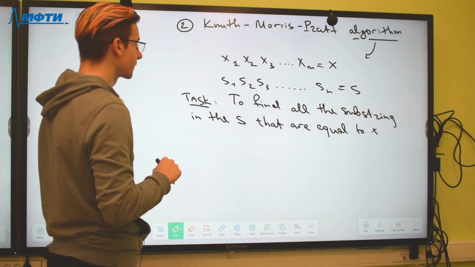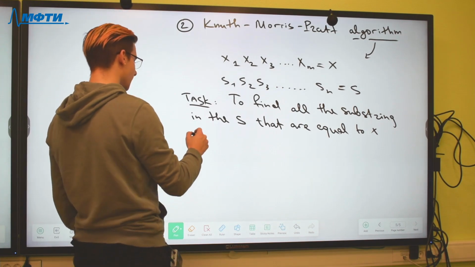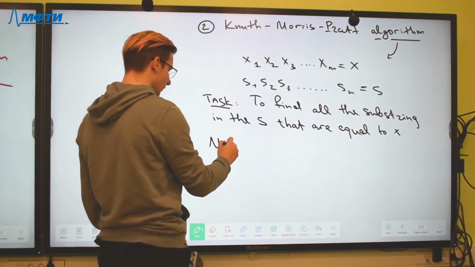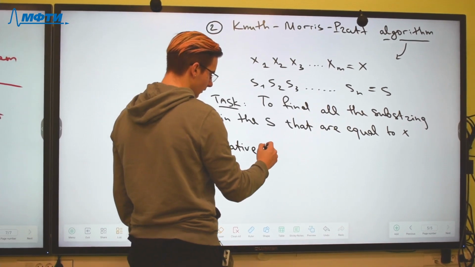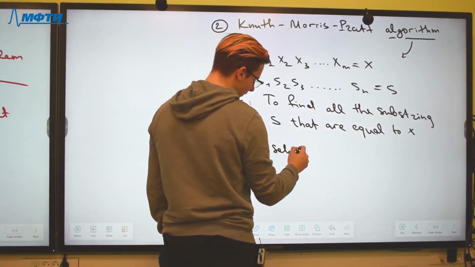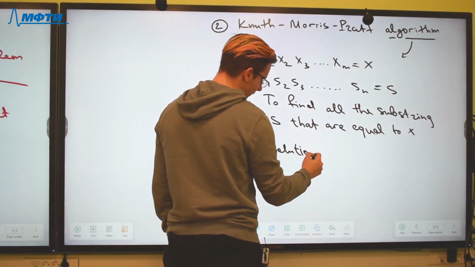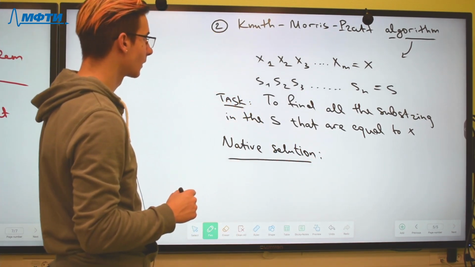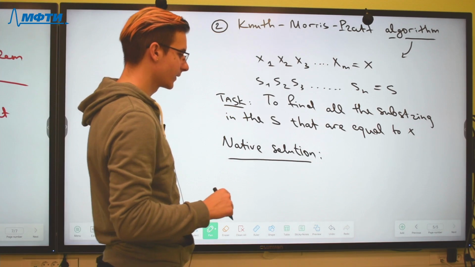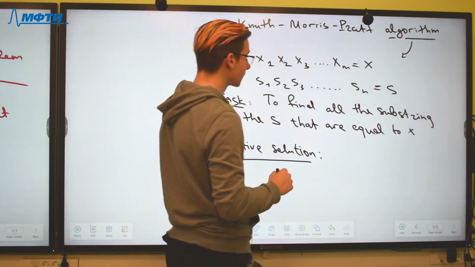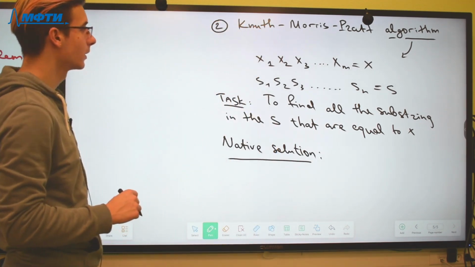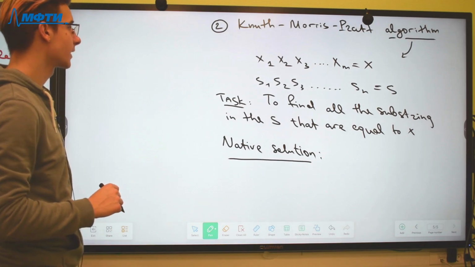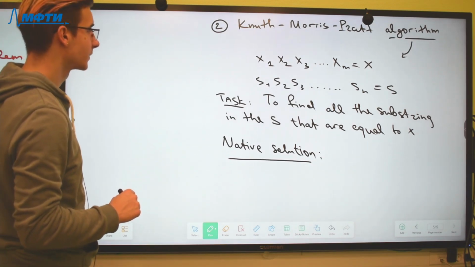What is interesting? Of course, we have a naive solution, with space complexity O(n) and time complexity m multiplied by n.